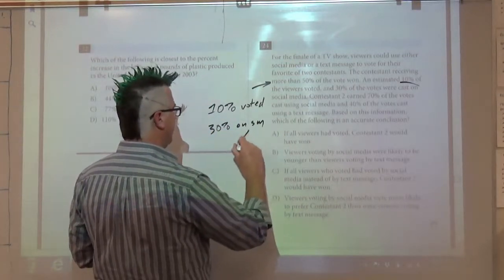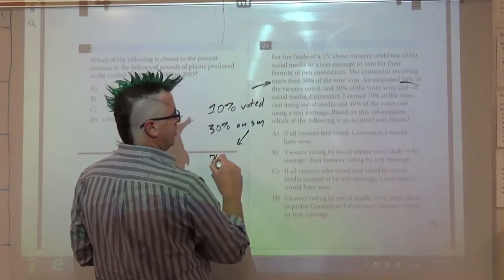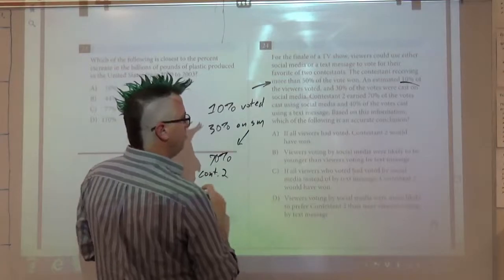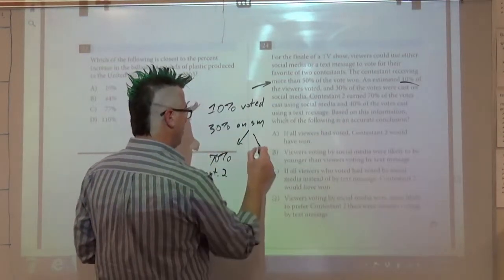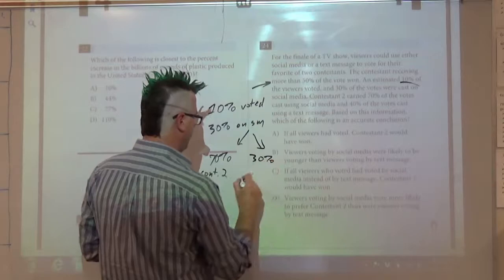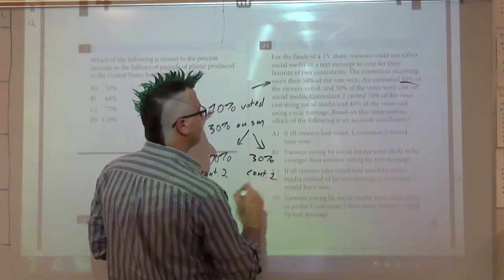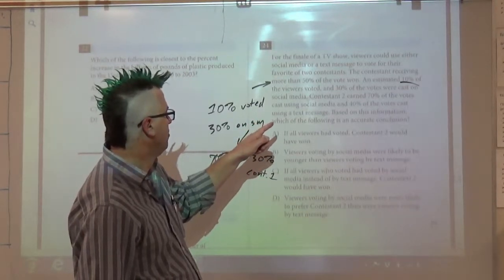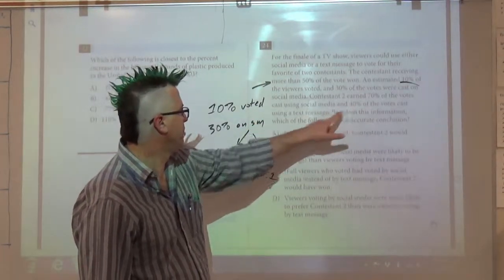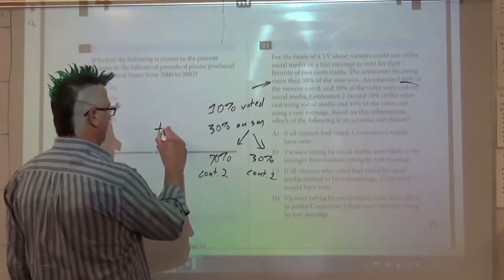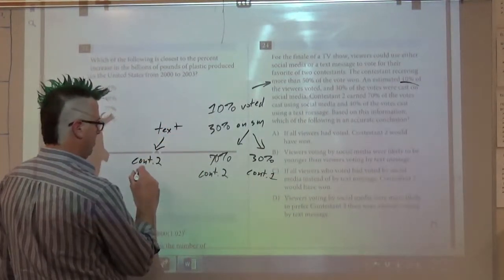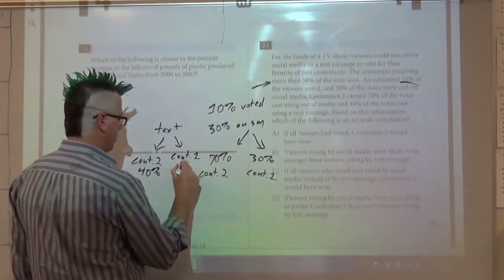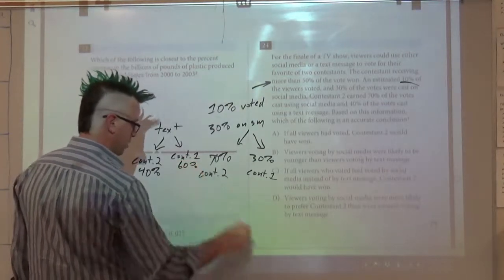So out of social media, 70% went to contestant 2, which means the other 30% went to contestant 1. And contestant 2 got 40% of the votes using a text message, which means contestant 1 got 60% of those. Oh, that's a terrible looking percent.